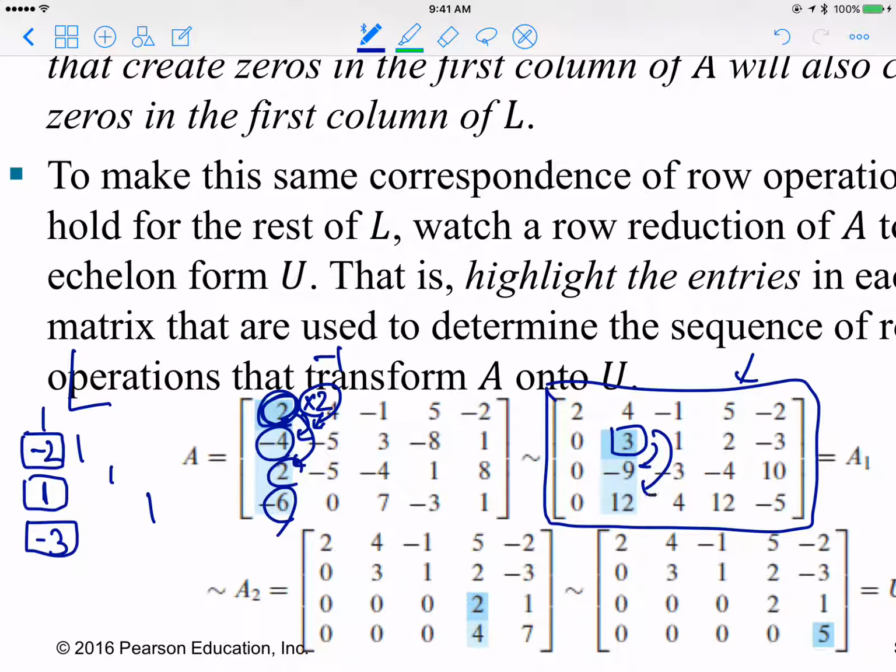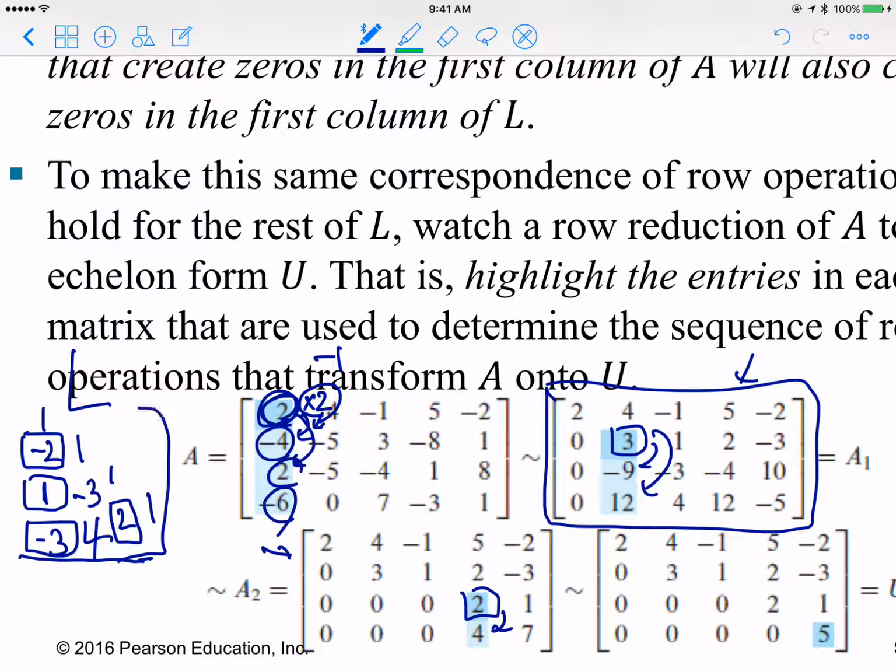Then what is the ratio? Simply the ratio between these numbers, minus 3 and 4. That will form our L. And then the last one, this guy, the ratio will become minus 2, right?